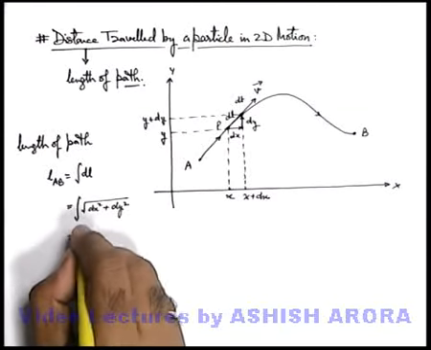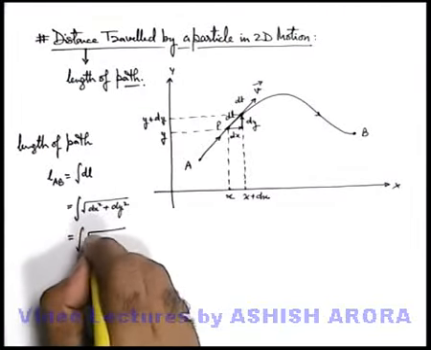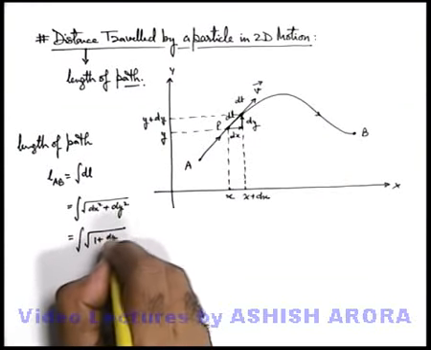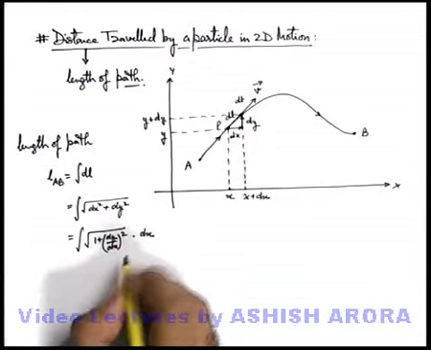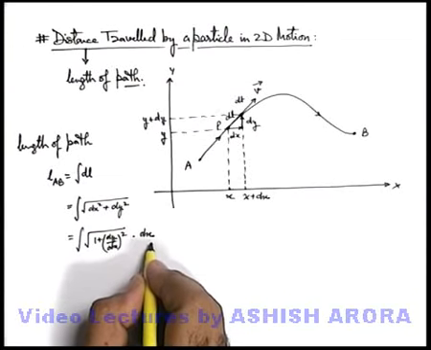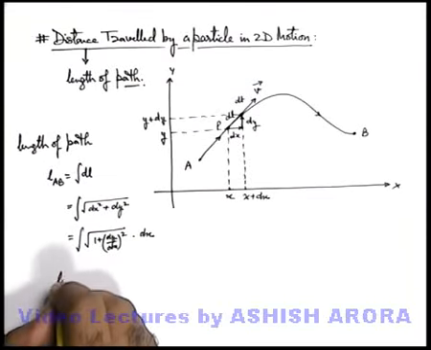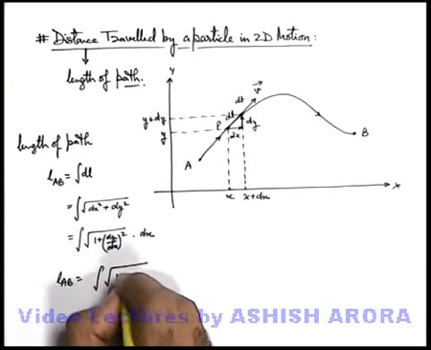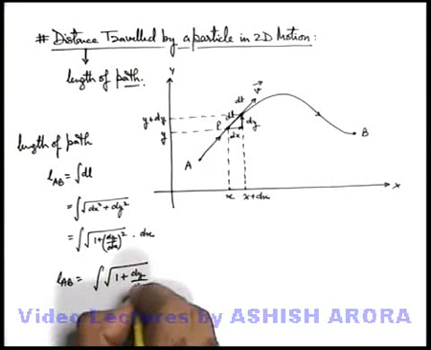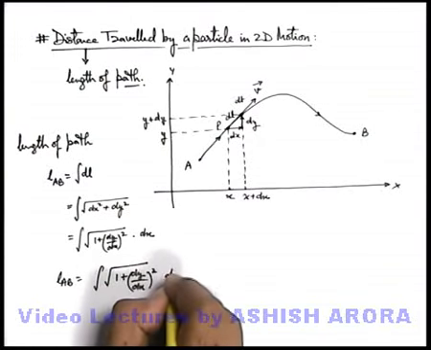Further, we can take this dx common, so it becomes root of 1 plus (dy by dx) whole square into dx. We have just taken dx common out. Now, again the total path length AB can be written as the integration of root of 1 plus (dy by dx) whole square into dx.